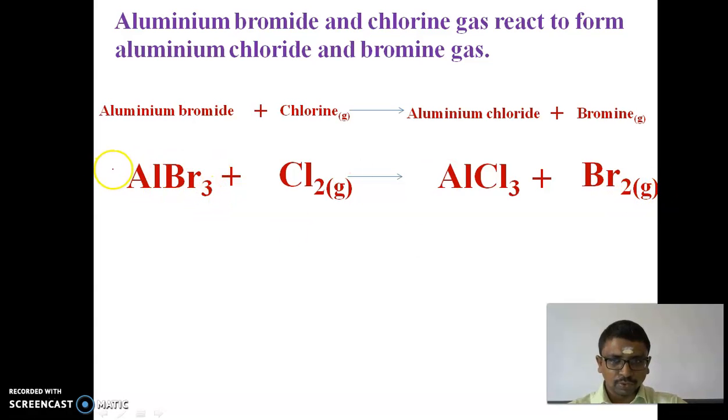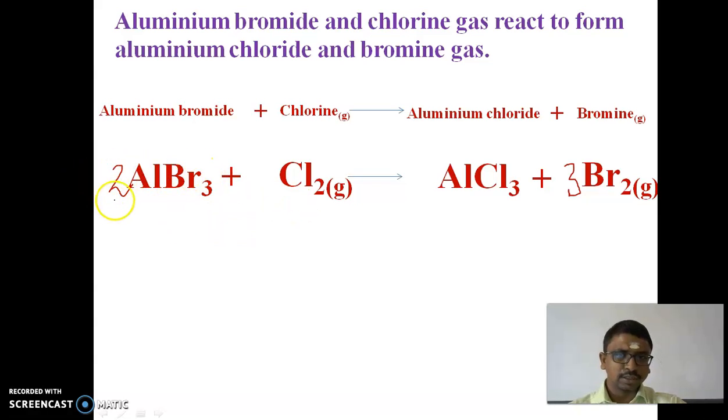So what do we have to put before Br2 to balance that? 3. So 3 means bromine also, in the product it will be 6 and in the reactant also it will be 6.